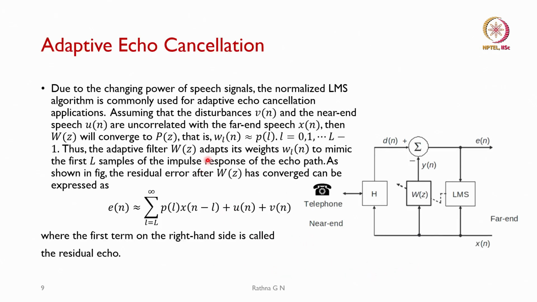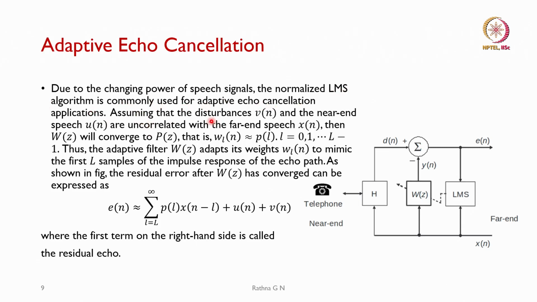So, how are we going to do the echo cancellation? Due to the changing power of speech signals, the normalized LMS algorithm is commonly used for adaptive echo cancellation in all these applications.